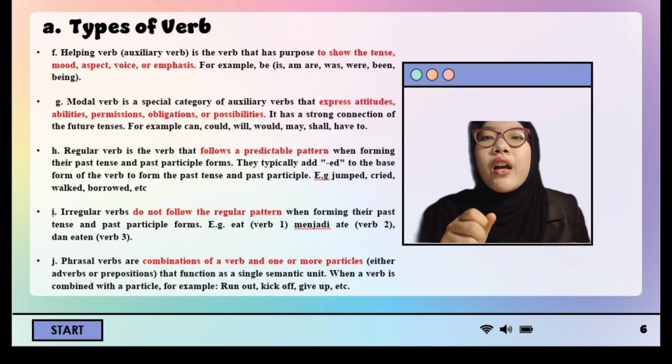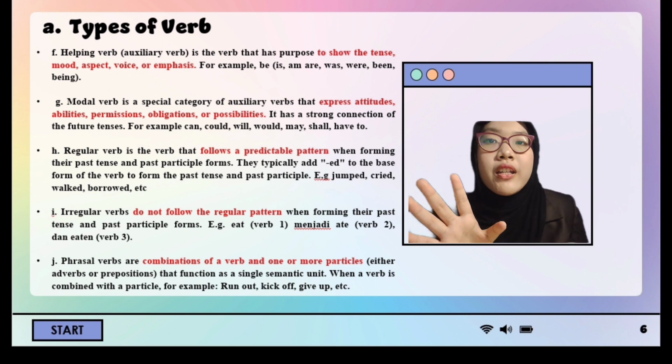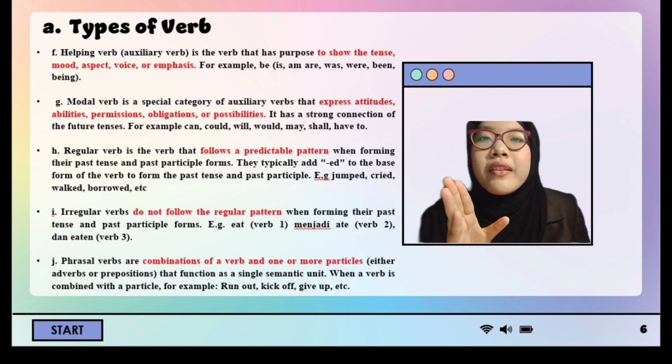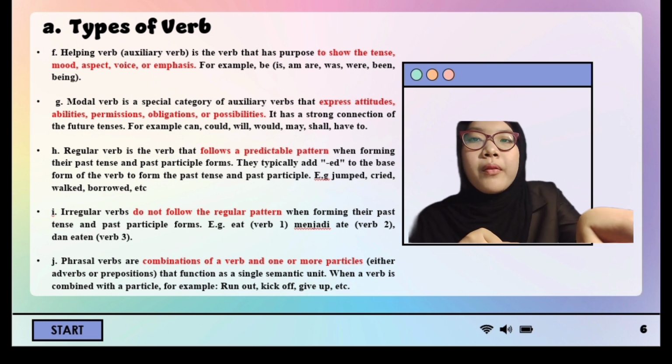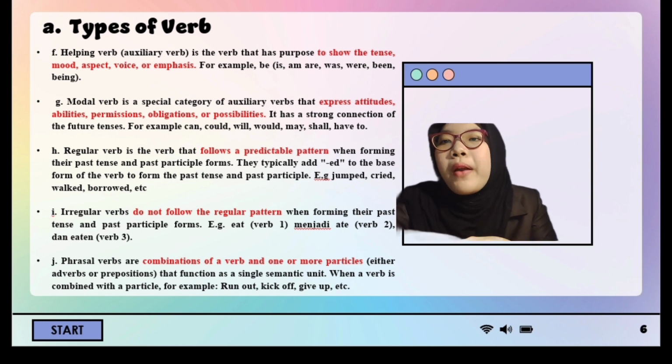Irregular verbs do not follow the regular pattern when forming their past tense and past participle forms.